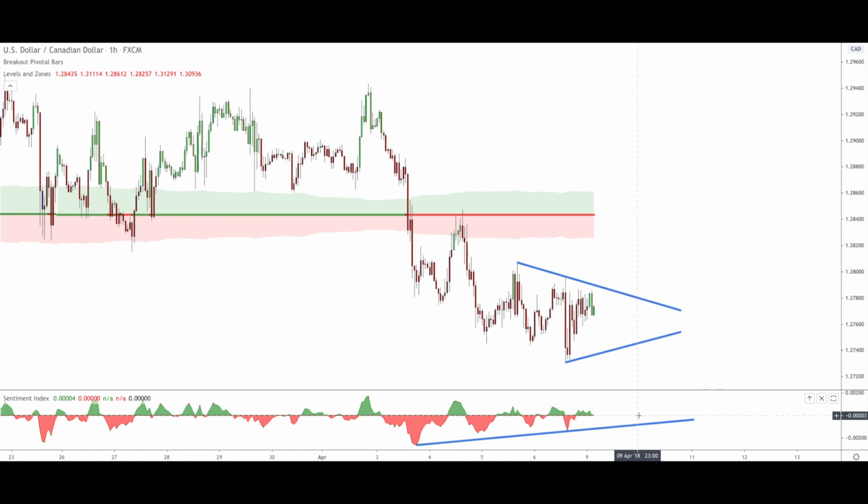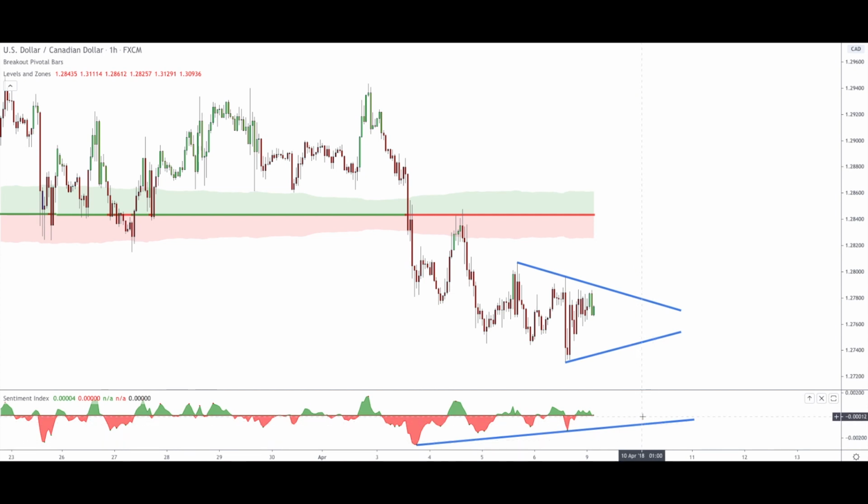So either the price will drop down, so we have a breakdown here, and hopefully it's going to be on a red candle, so it's a valid breakdown, and at the same time the sentiment index breaks down, because right now it's getting compressed, so at a certain point it must break down.